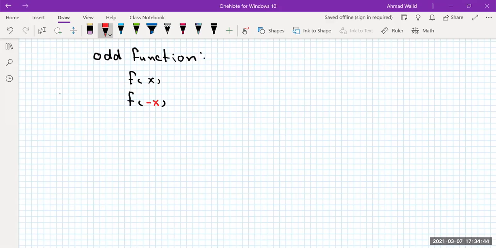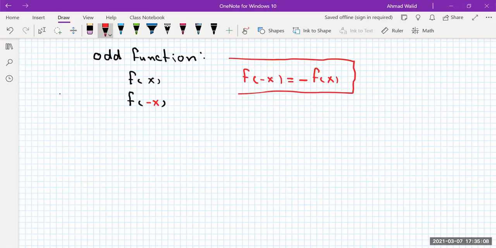Now, what is the condition? f of negative x becomes equal to negative f of x, the negative outside of f of x, the negative of the function. In this case, you can call that function an odd function. If f of negative x equals negative f of x, in this case, your function is what?